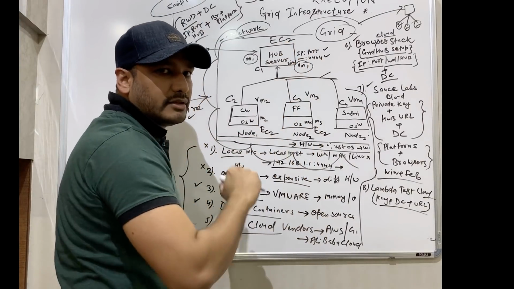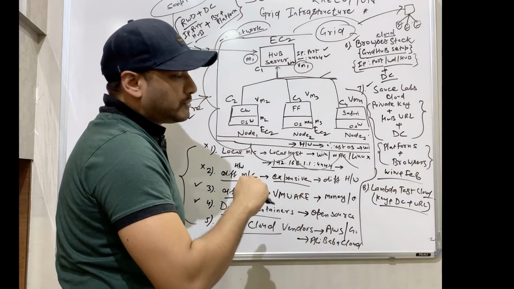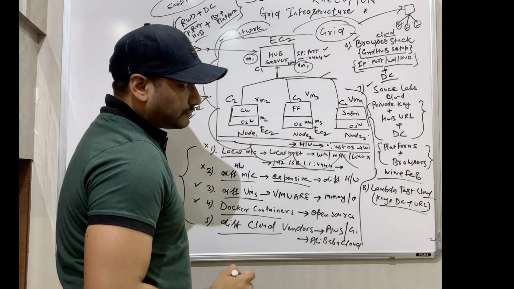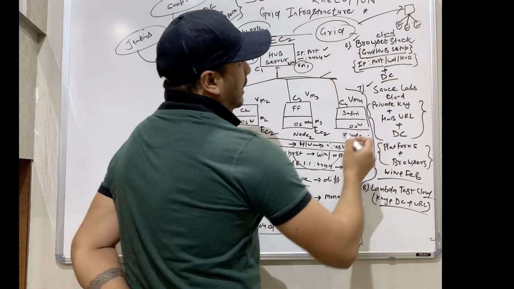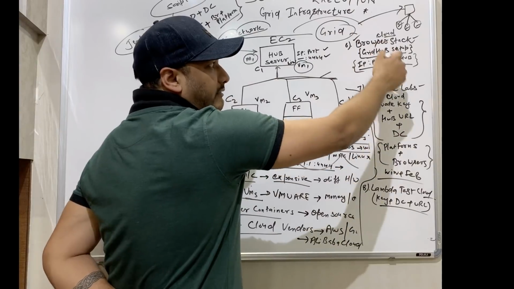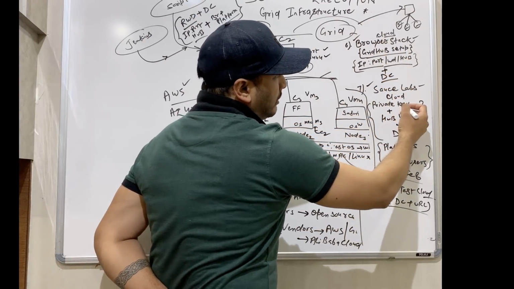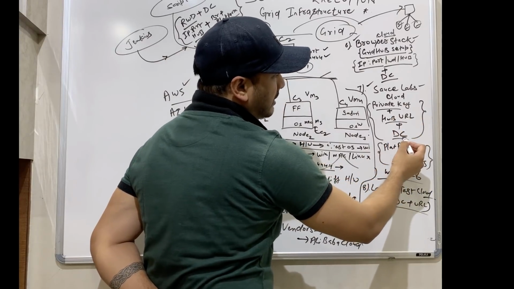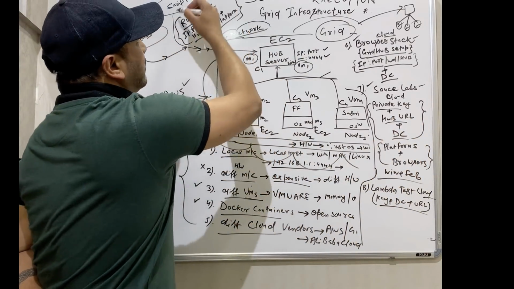I have one video, I'll give the link in the description, on how exactly you do it with the local machine. And then you contact Browser Stack. You go to browserstack.com or maybe saucelabs.com. They have very well documented steps over there. You just need to get the hub URL and generate a private key over here with the desired capabilities and configure it in your script.